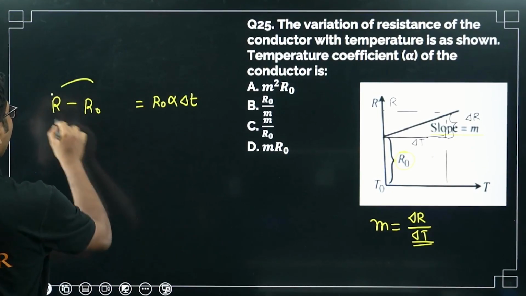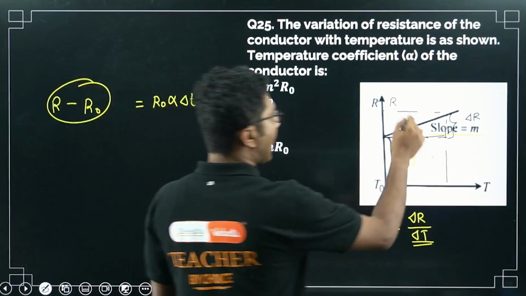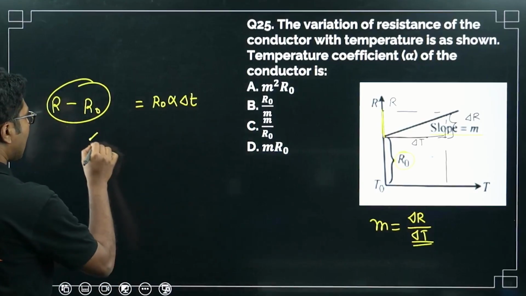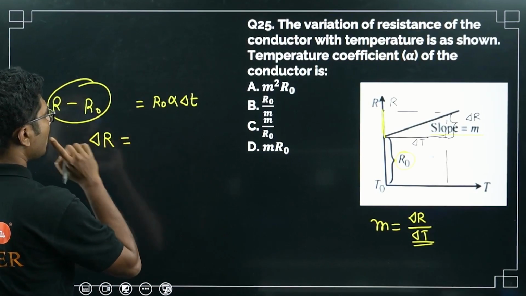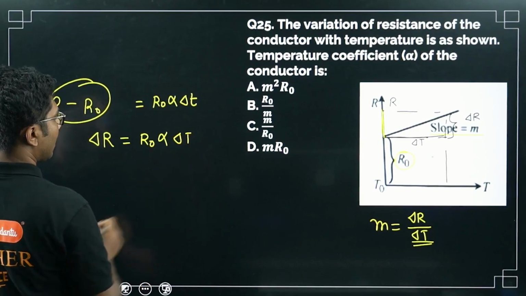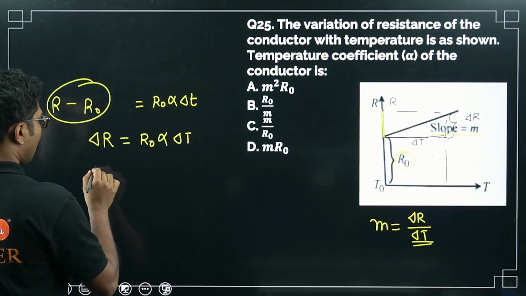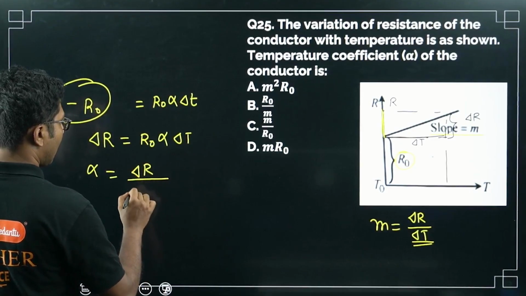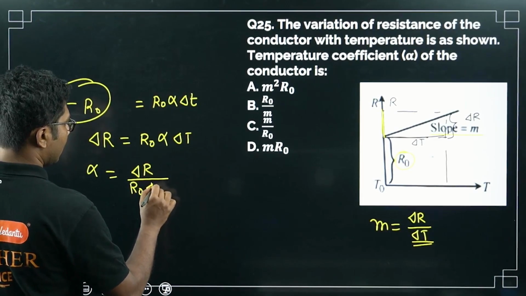Right? R minus R0 is this delta R. So delta R equals R0 alpha delta T, or alpha equals delta R divided by R0 delta T.